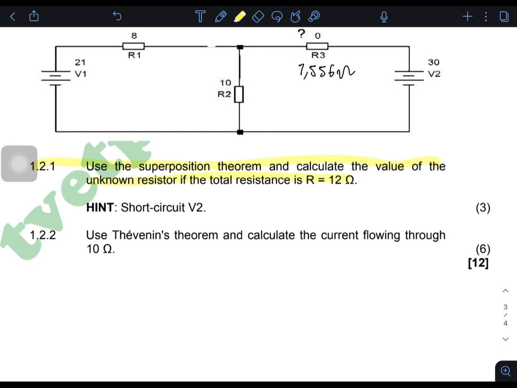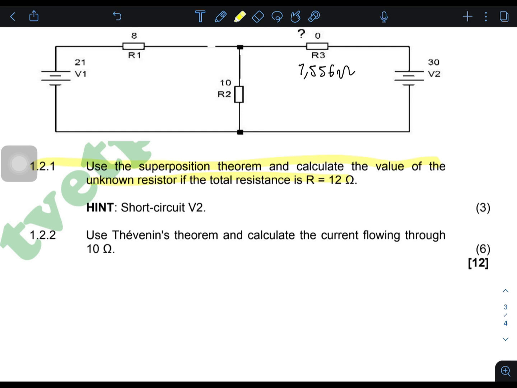When it is two sources, guys, when we are calculating Thevenin's voltage, you're going to see that now we are applying a superposition because we deal with each source acting separately.